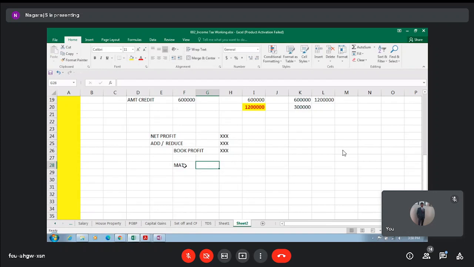On this, MAT rate is 15%, plus surcharge. What is that surcharge? 7% or 12% or 2% or 5%. The 7% and 12% are applicable to a domestic company. The 2% and 5% are applicable to foreign companies. When you see the heading, you will get to know whether it is a foreign or domestic company.